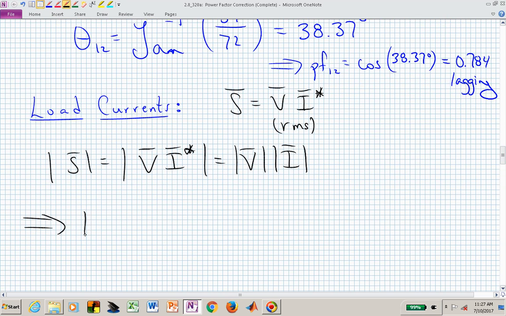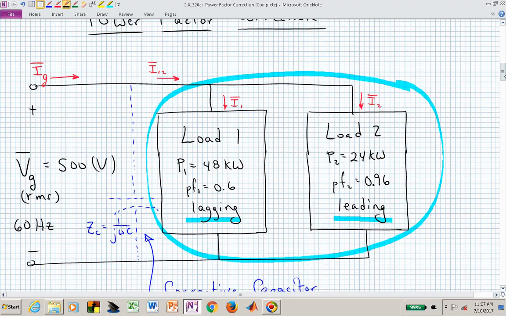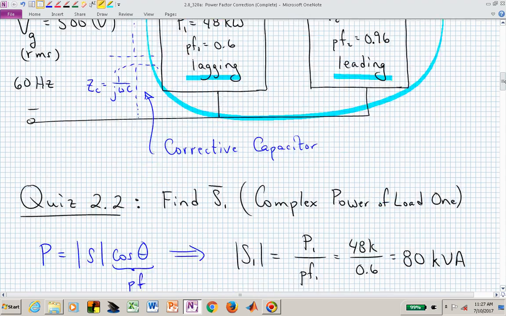So we can say the magnitude of the current going through load number 1, if we go back to this diagram, there is I1 bar. We want to know what that magnitude is, and here is I2 bar, and what's the magnitude of that current.